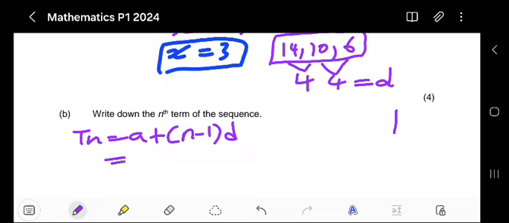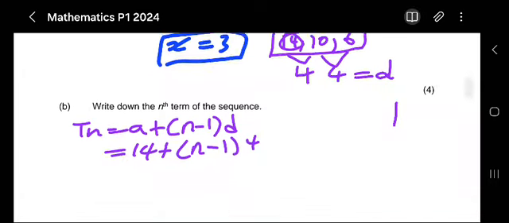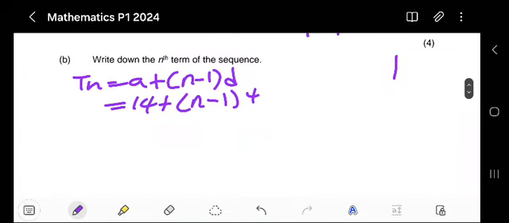The first term is 14, multiplied by d, which is 4. Right, so 14, distribute there will be 4n minus 4, like this.